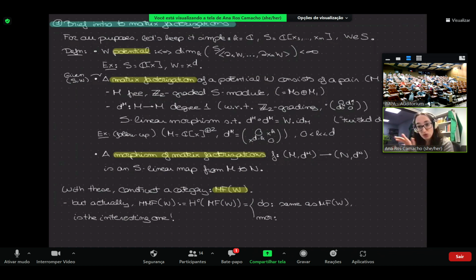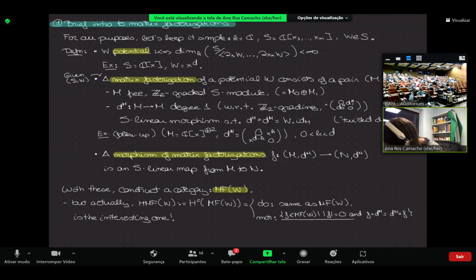So I'm going to choose only the degree 0 ones. And analogously you can write down that this means it is compatible with the twisted differentials in that way.